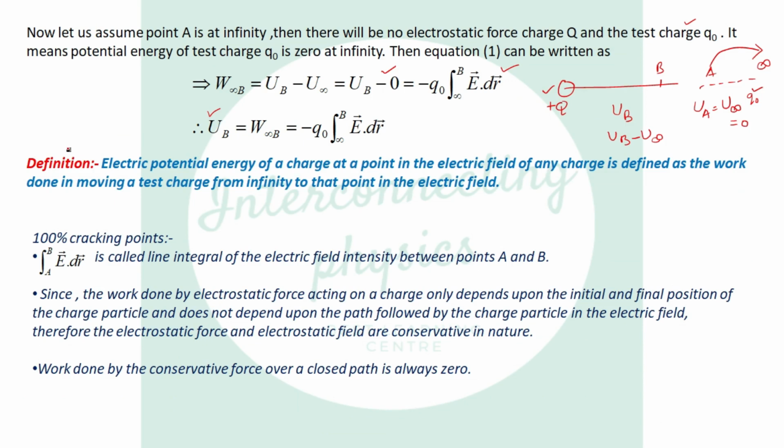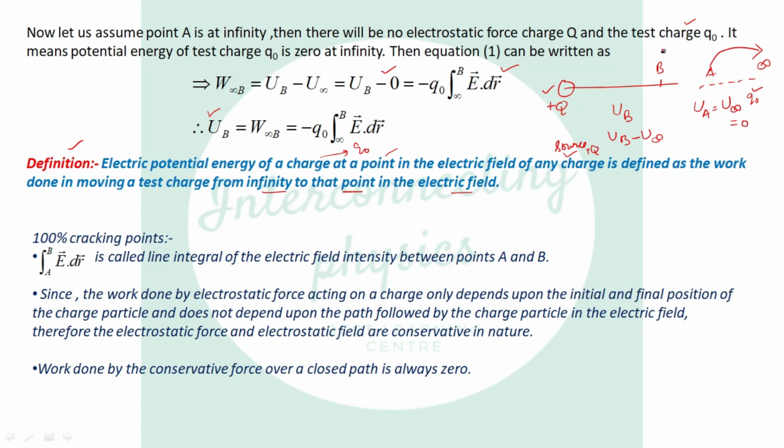So definition: electric potential energy of a charge at a point in the electric field of any charge. Of a charge means test charge Q naught, and in the electric field of any charge means source charge, that is plus Q. It is defined as the work done in moving a test charge from infinity to a point in the electric field.